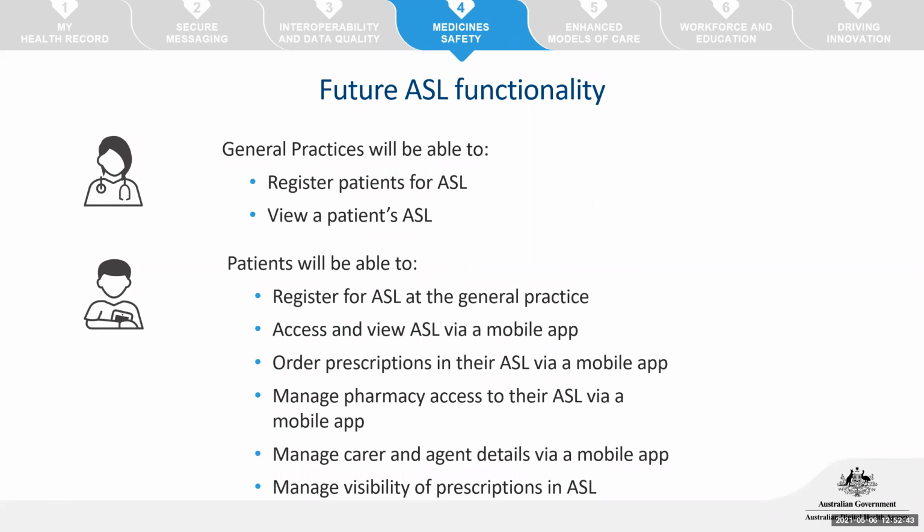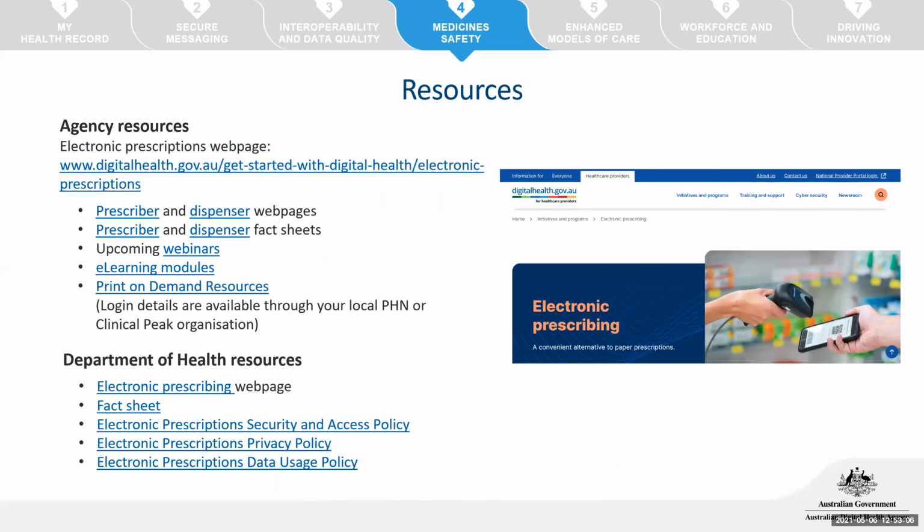There's also the functionality to manage the visibility of the prescription. So if there's any scripts that they wish to hide, they can also do that. So all currently in discussions and in development, depending on what the mobile app developers are able to do. So that essentially wraps up the presentation.